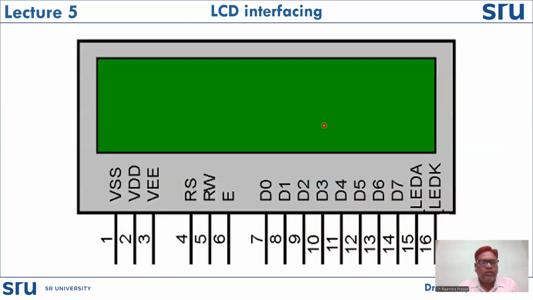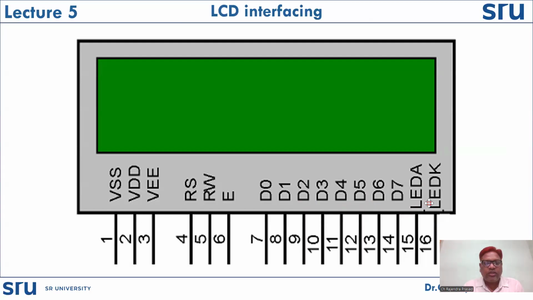Let us see the pin diagram of the LCD now. There are 16 pins available on the LCD. They are VSS, VDD, VEE, RS, RW, enable, D0, D1, D2, D3, D4, D5, D6, D7, LED anode, and LED cathode.